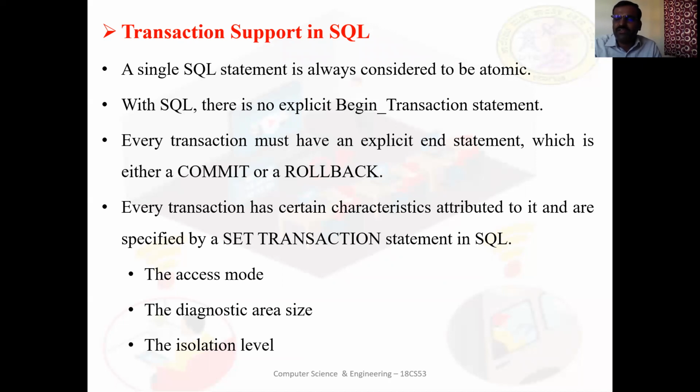Every transaction has certain characteristics attributed to it and are specified by a set transaction statement in SQL. The characteristics are the access mode, the diagnostic area size, and the isolation level.